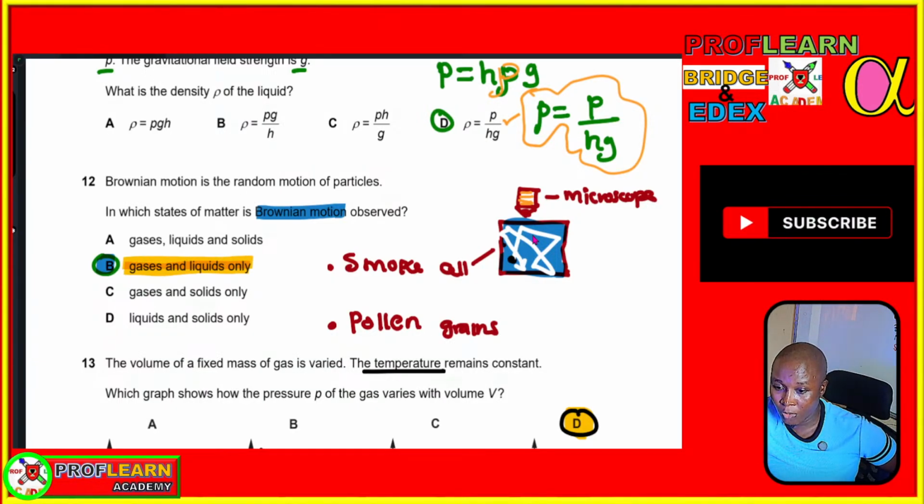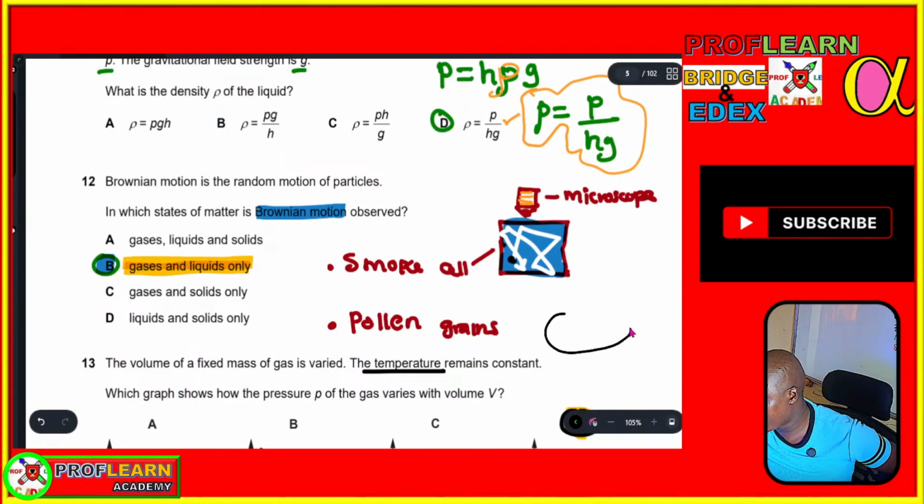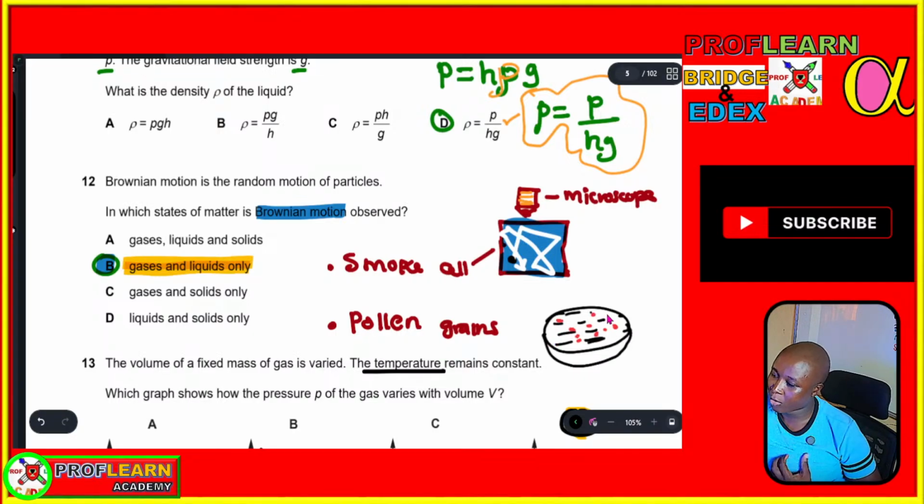Yeah, so this is observed in gases and liquids only, because if you want to observe it in liquids, maybe you have a bowl containing some water, and then you pour some pollen grains on the surface of water, you will be able to see.